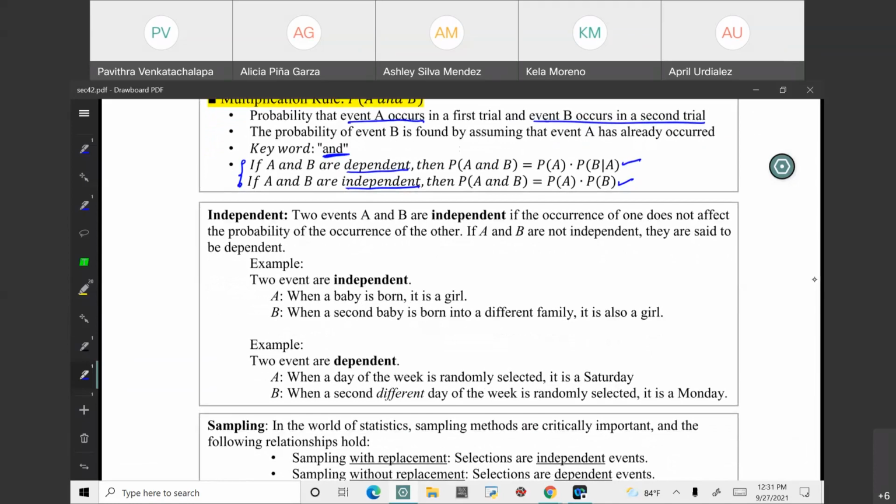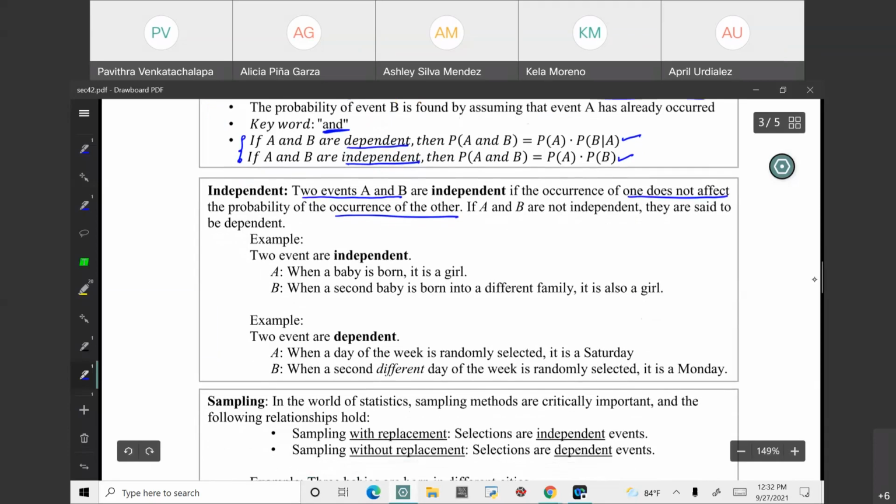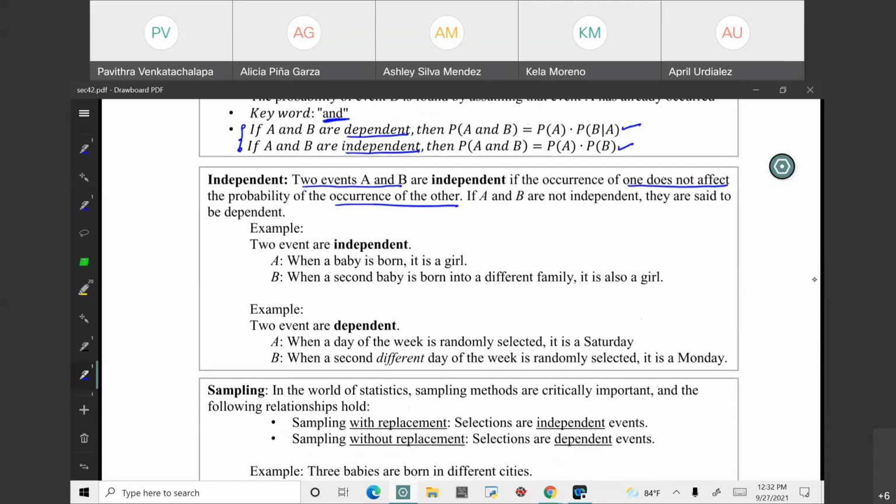Independent means, as the name says, that two events A and B do not affect the occurrence of the other. So if there is an event A, it will not be a problem to the event B. There is no way it can affect. Such events will be called independent events.